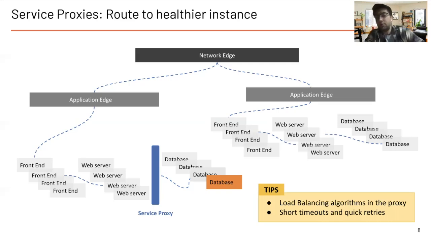The other is about failures will happen. So how do you make sure that the proxies are smart enough to have timeouts built in and quicker retries built in so they can recover from those modes. So those are good tips and practices as well.